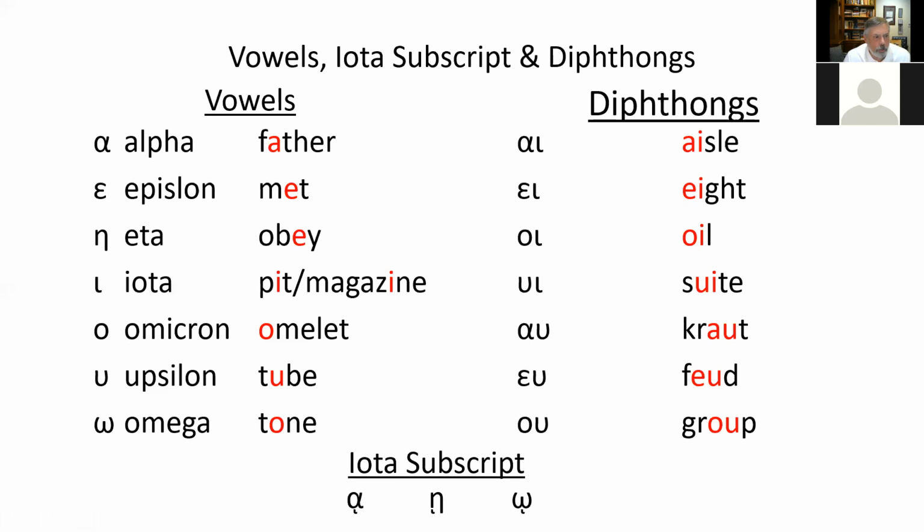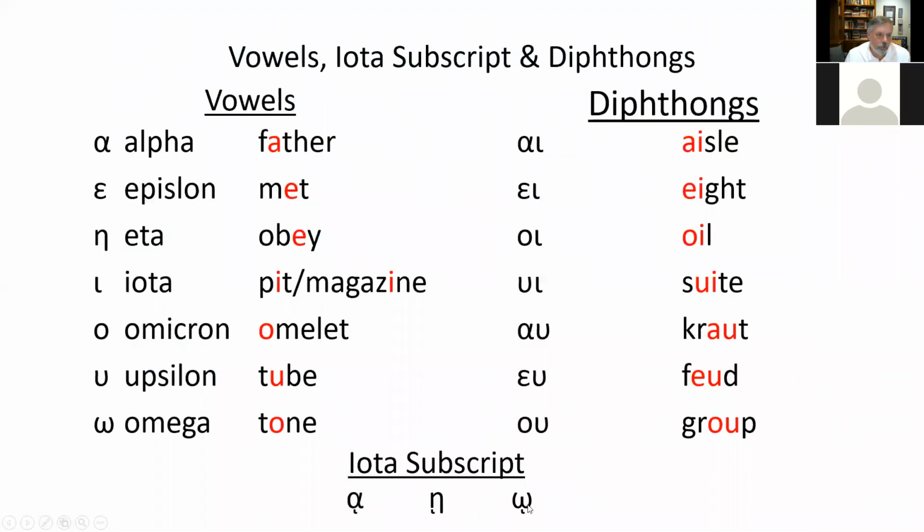Okay. There are some irregular diphthongs. These are called regular, right here. But quite often, the iota that would be here actually subscripts and comes underneath. The iota under the eta subscripts and comes underneath the eta. And with the omega, the iota subscripts and comes underneath it. The iota doesn't make a sound in this case.